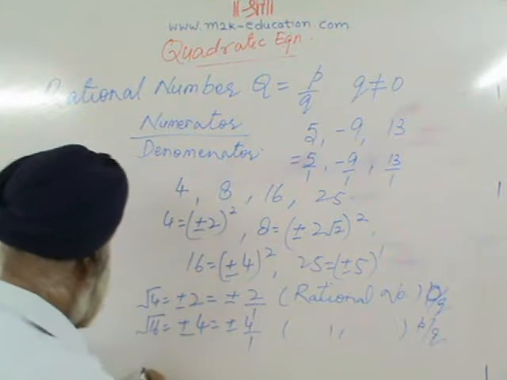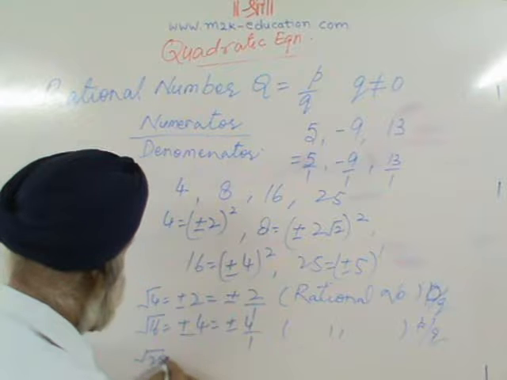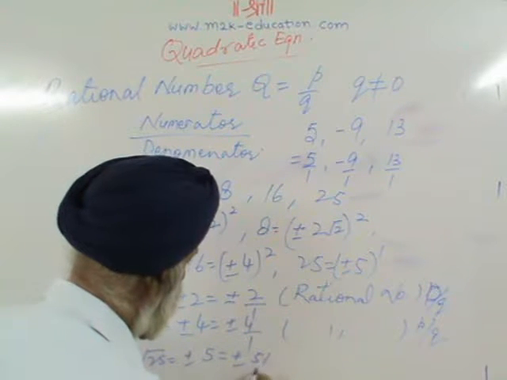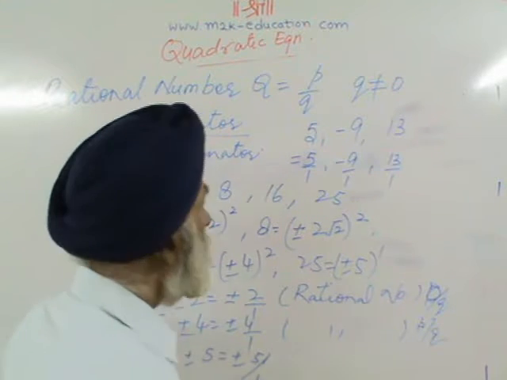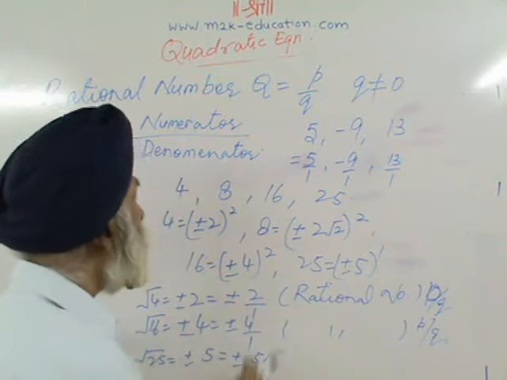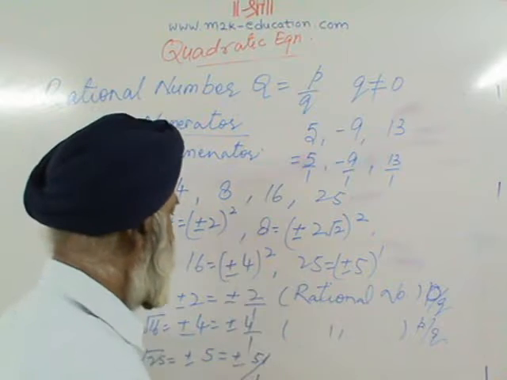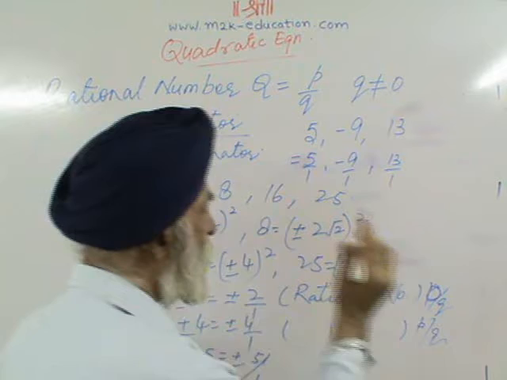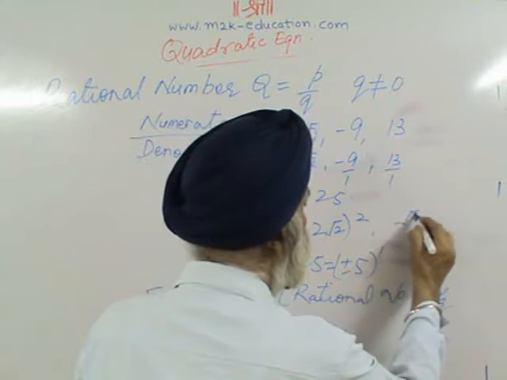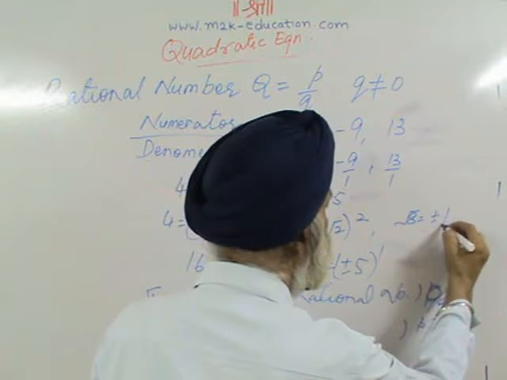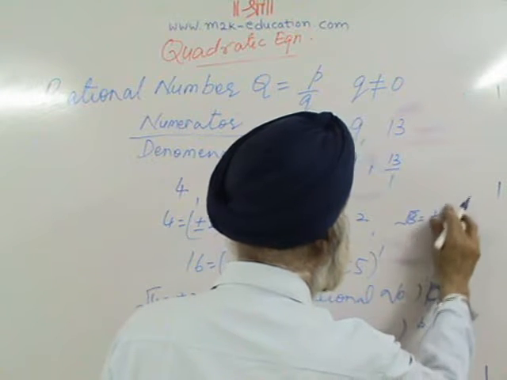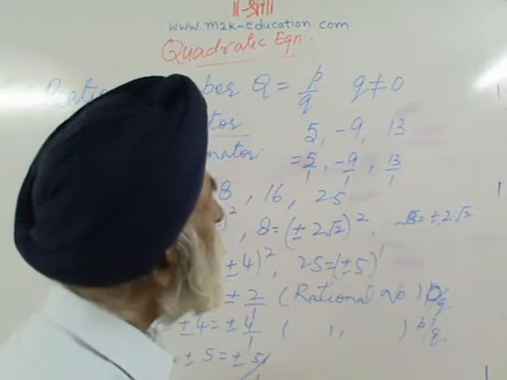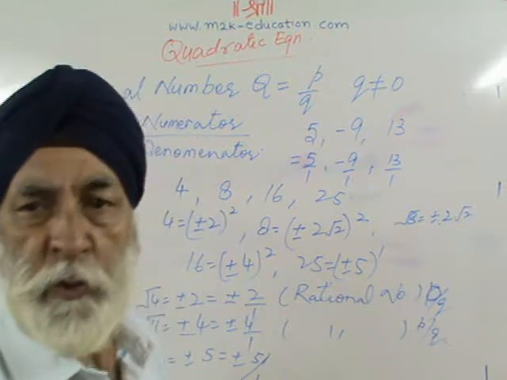In case of root 25, it is the same. But you have seen 8. In case of 8, when I found the square root of 8, it becomes plus or minus 2 root 2.